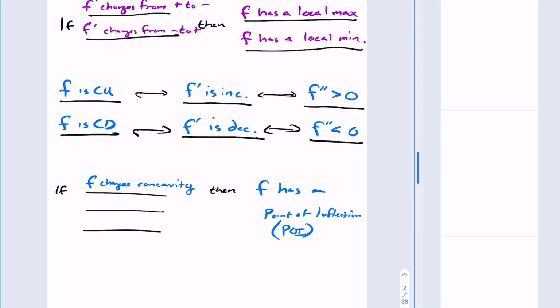So notice here, when concavity changes for f, you have a point of inflection. What does that mean with f prime? Take a look at f prime. What's changing here? F prime is changing directions.